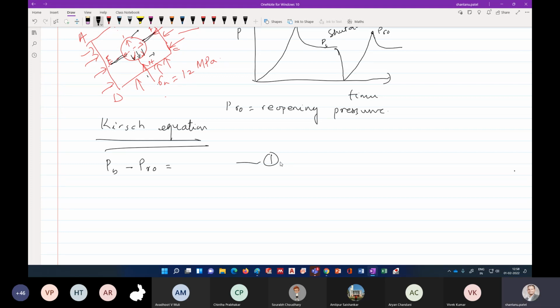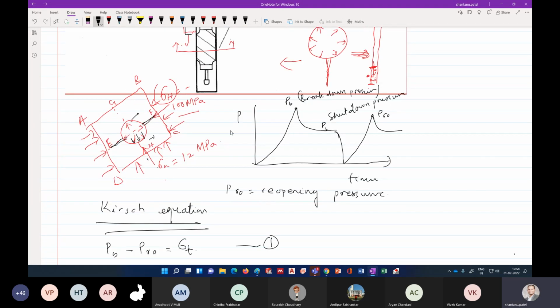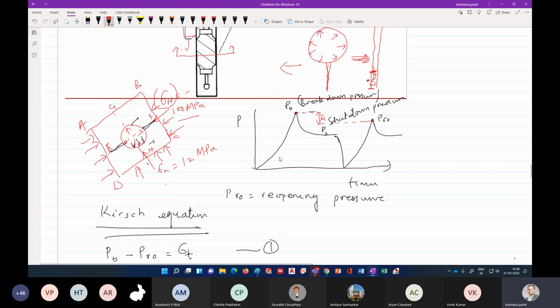No, you don't remember. This is your tensile strength of rock, sigma T. Because when you are breaking this hole, you had your tensile strength of the rock here, right? And on the broken fracture, you are reopening this. So the difference between PB and your reopening pressure is your sigma T. You just think about that. If you have any question, just let me know. So this is the first equation we have.